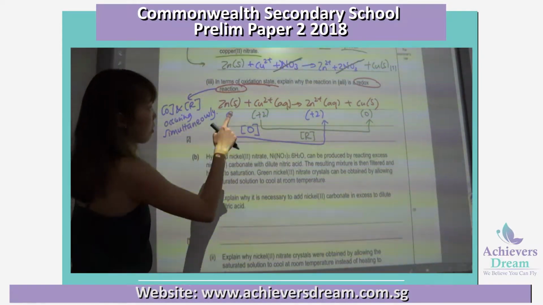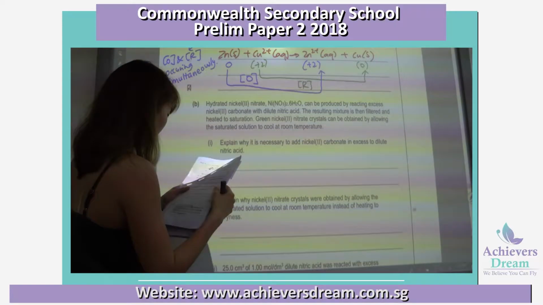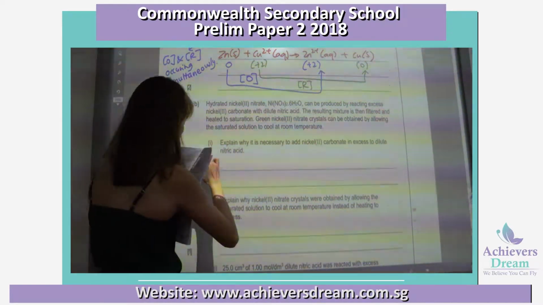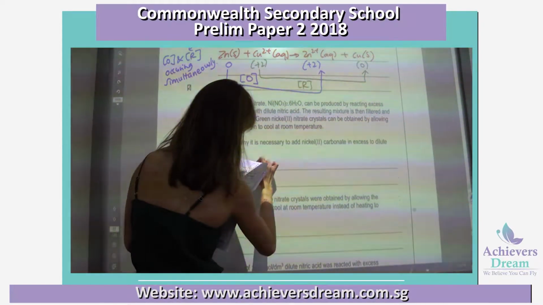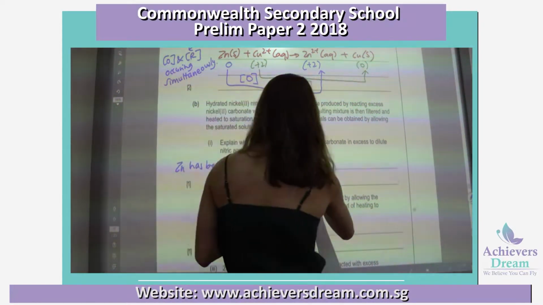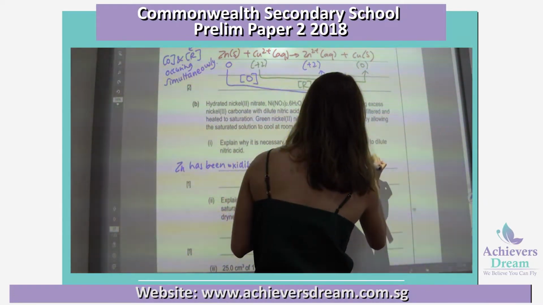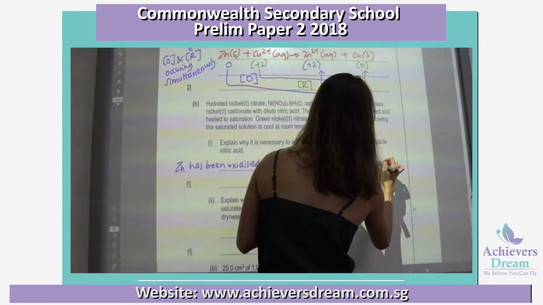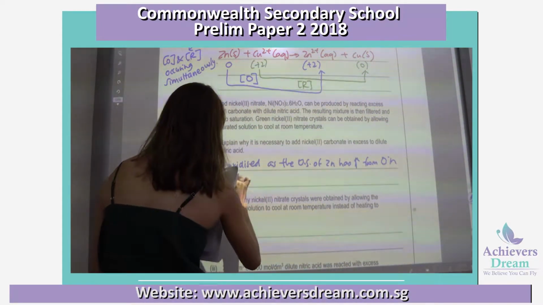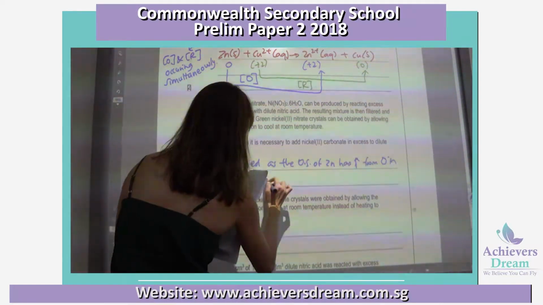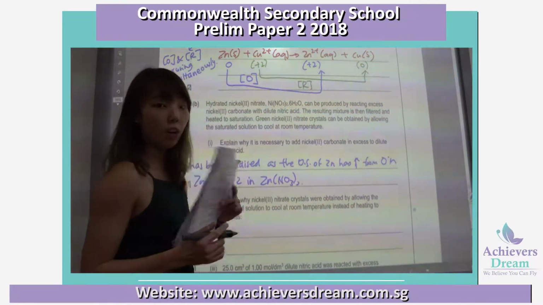Okay, so this is a redox reaction because, okay, now let's talk about the phrasing. So I say that zinc has been oxidized as the oxidation state of Zn has increased from 0 in zinc to plus 2 in my zinc nitrate. That's where the Zn2+ ion comes from, correct?